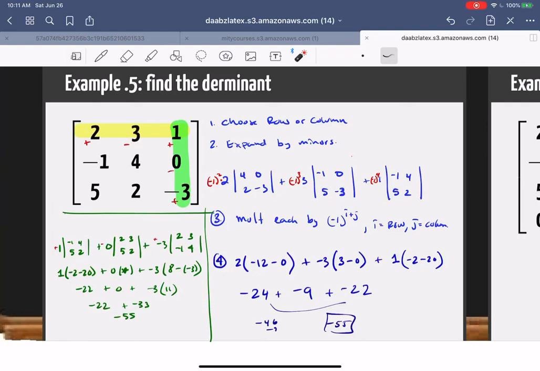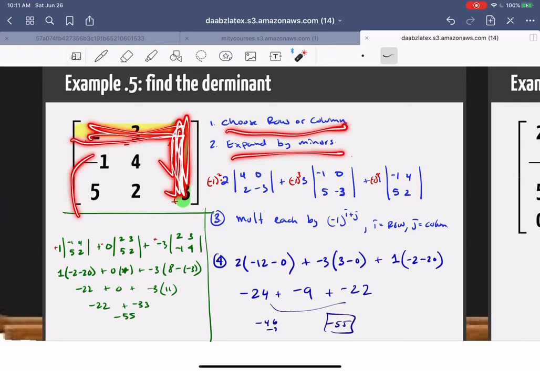Now, not only that, but that also tells you how to do 5x5s or 4x4s or anything. All you're going to do is pick a row or pick a column, just like these steps show you. That's why this is much more beautiful than that other trick that you might have seen in other classes where you do this. This is really expandable to any size matrix. You're going to still choose a row or column. You're going to expand by minors by blocking out a row and a column, and that gives you a submatrix.